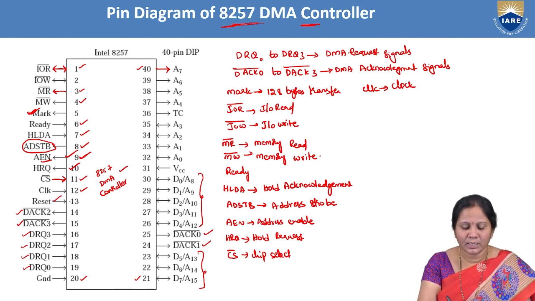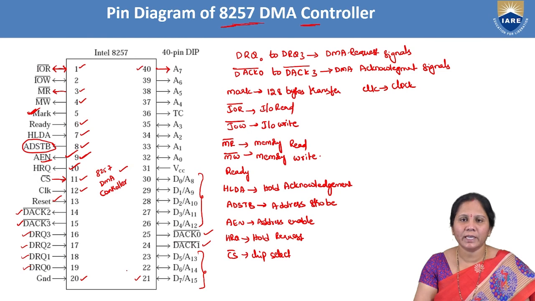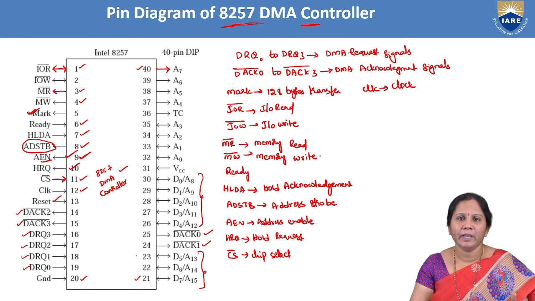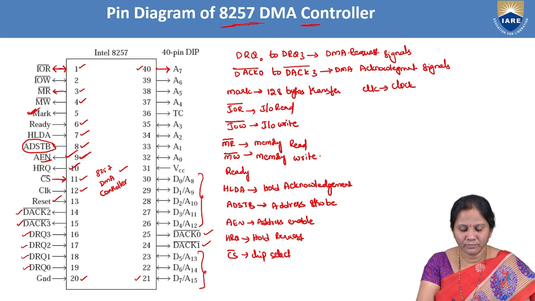The next one is reset. Once this signal is enabled, this 8257 will get reset, that means all the registers available in this 8257 DMA controller will get reset. And this is the ground signal for this 8257 DMA controller.